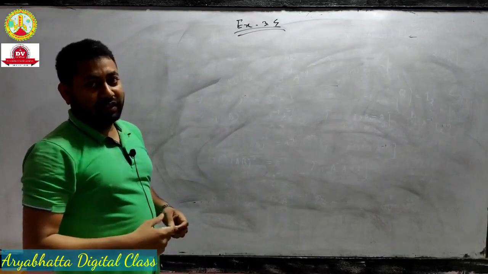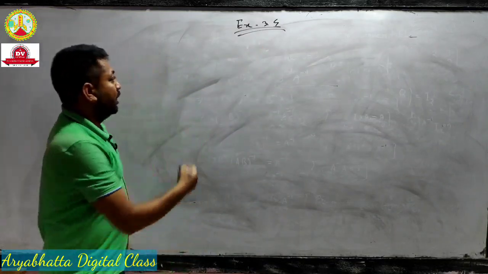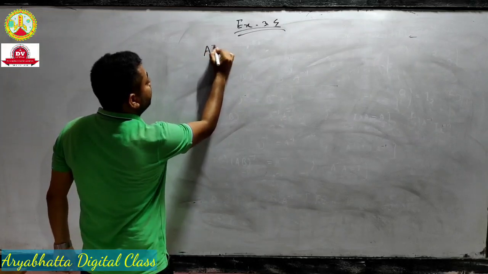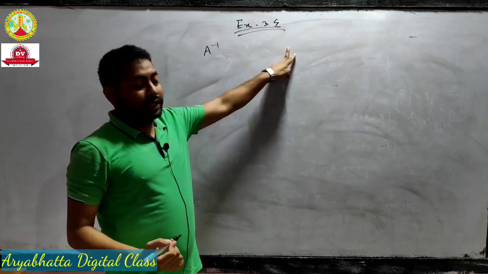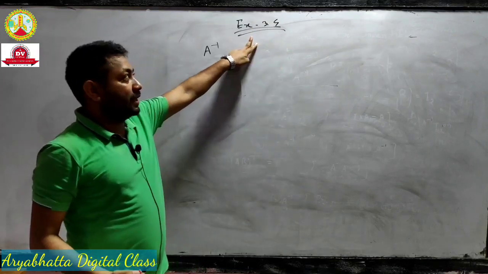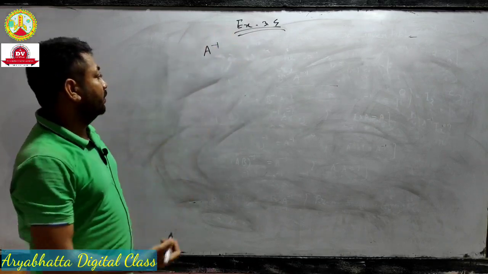Before starting this exercise 3.4, remember, if we want to find A to the power minus 1 using row transformations, this exercise is related to elementary transformations of a matrix.